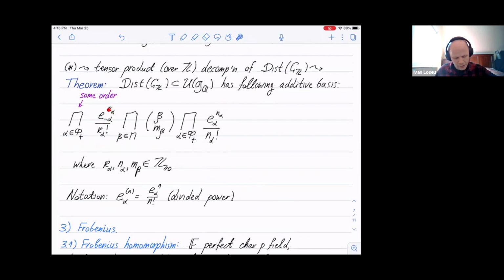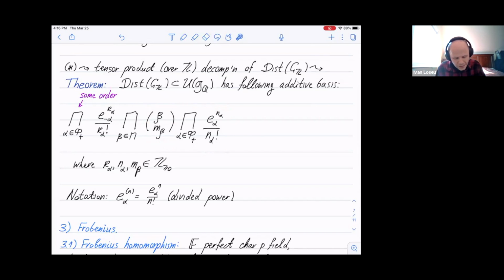E minus alpha is a negative root vector. And these are basis elements in the additive subgroup which corresponds to this root. They are divided powers. Then these are a basis in the distribution algebra of a multiplicative subgroup which corresponds to simple root beta. And then similarly, we have these for positive roots.